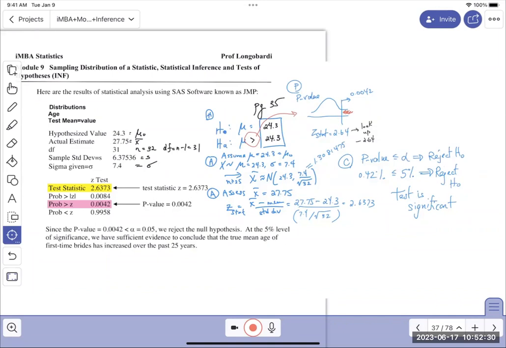So what does it say here? So this was about brides, sorry, first-time brides. Since the p-value is less than 5%, we reject the null hypothesis. At the 5% level of significance, we have sufficient evidence to conclude that the true mean age of first-time brides has increased over the past 25 years. That was the question.